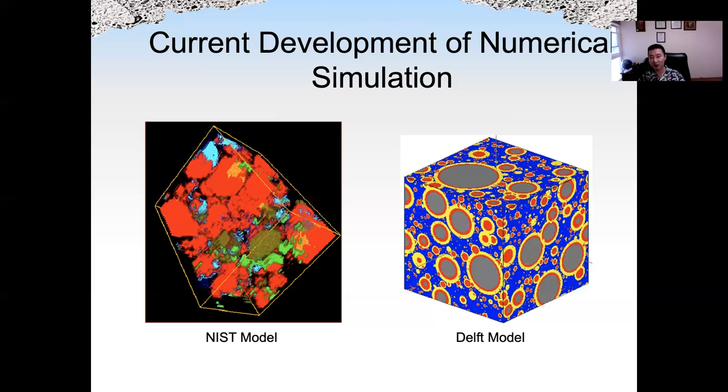Right. For this type of model, they generate a virtual space and put the particles there, and then, like you see from the model, the hydration product just grows from there based on whatever method you use. I'm not a simulation person.